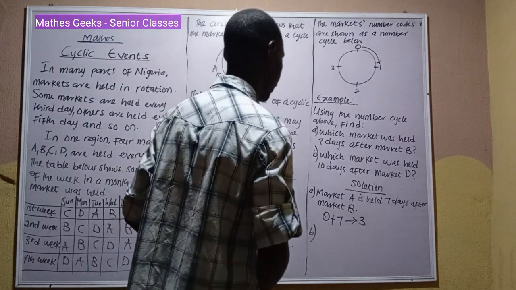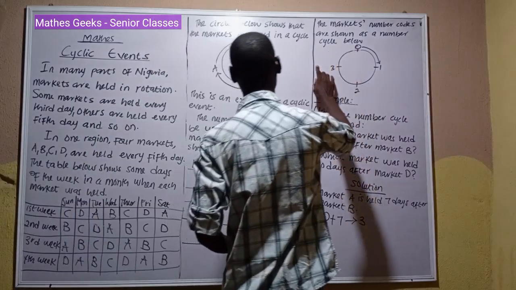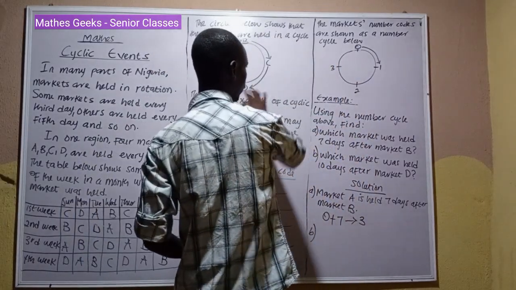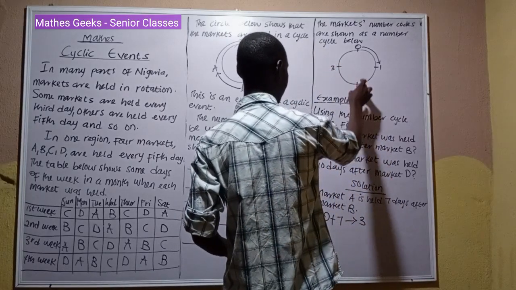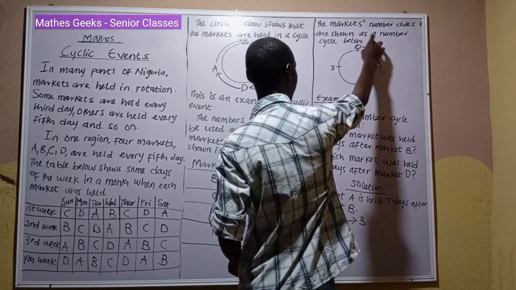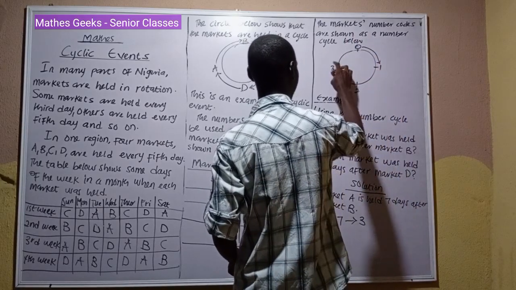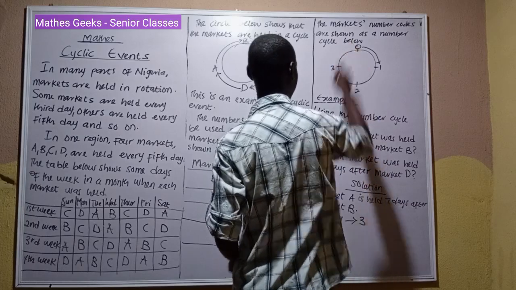Which market was held 10 days after market D? D code is 2, so we're going to rotate 10 times from market D, which is 2. So 1, 2, 3, 4, 5, 6, 7, 8, 9, 10.